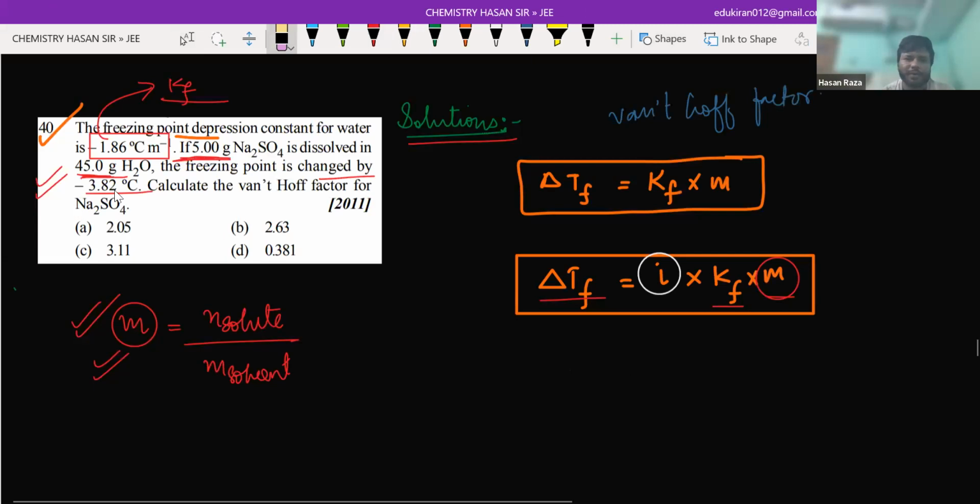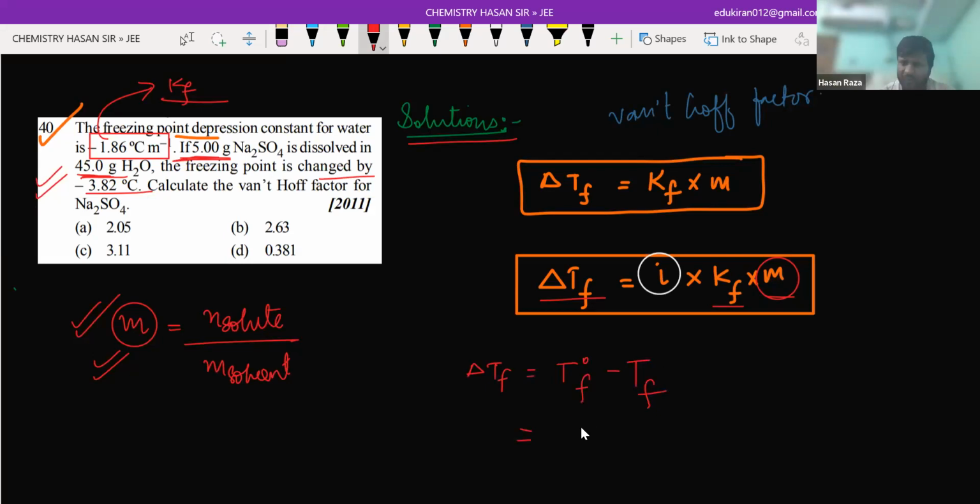3.28 it will be basically. You can see the freezing point is changed by minus 3.82 degrees centigrade. So for delta TF you can use the freezing point of pure water minus freezing point of solution.